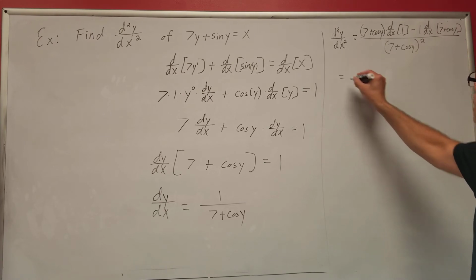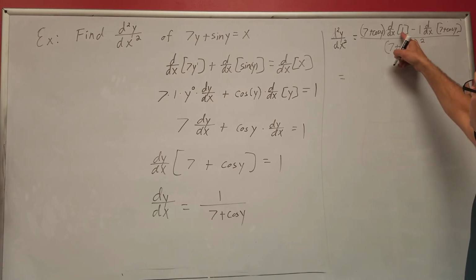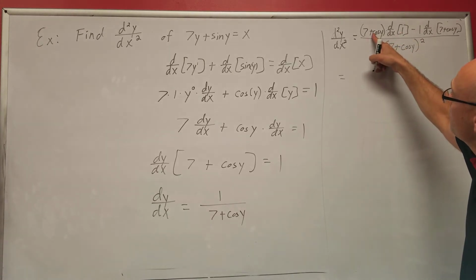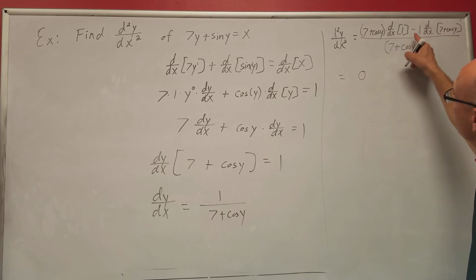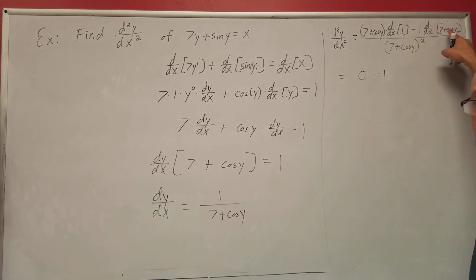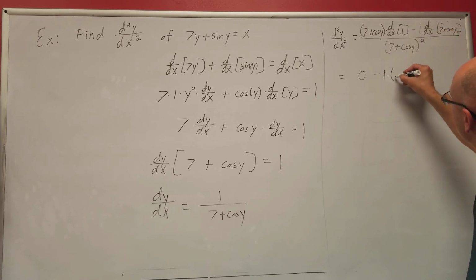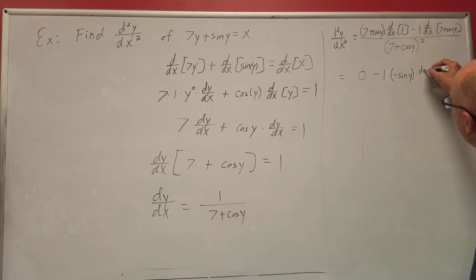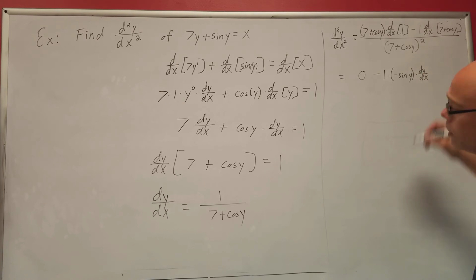All right, so what is that equal to? Well, what's the derivative of 1? That's 0, right? 0 times this stuff just gives me 0, minus 1. What's the derivative of this part right here? Negative sine of y times dy over dx, right?